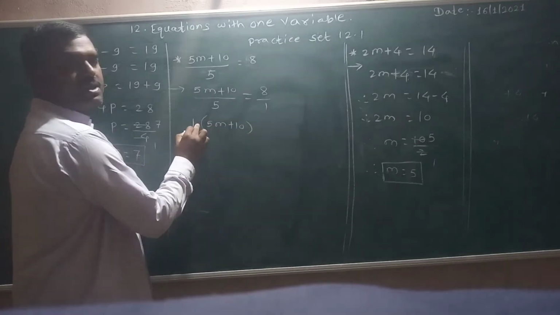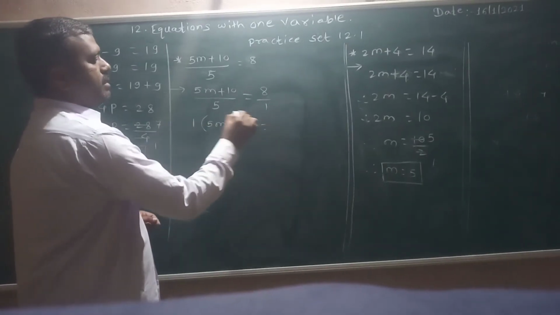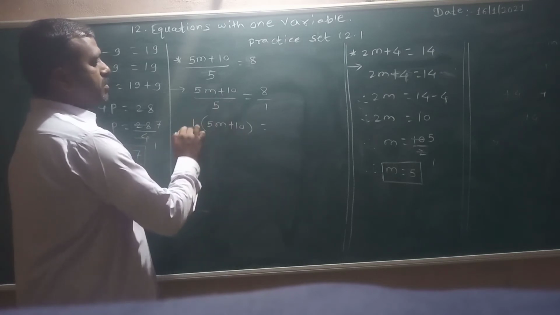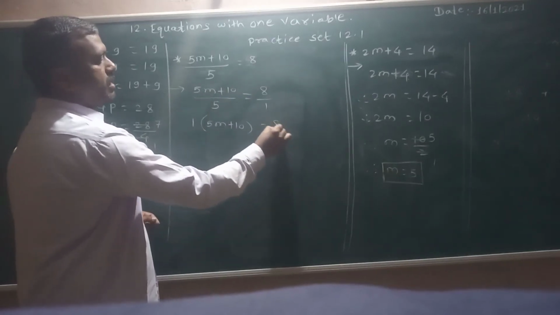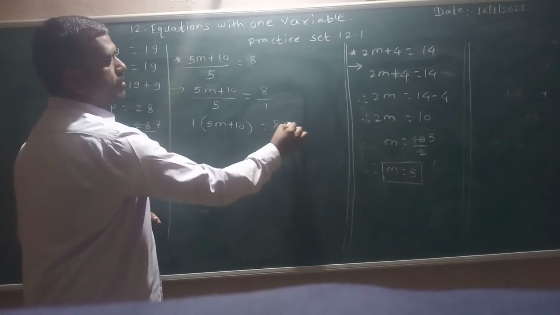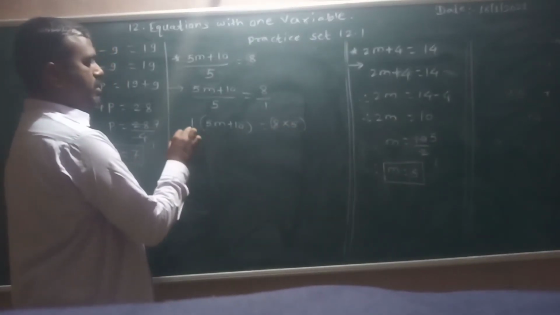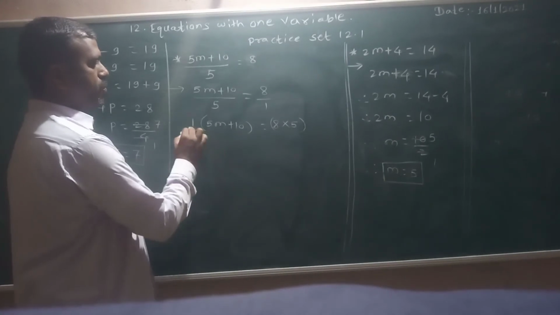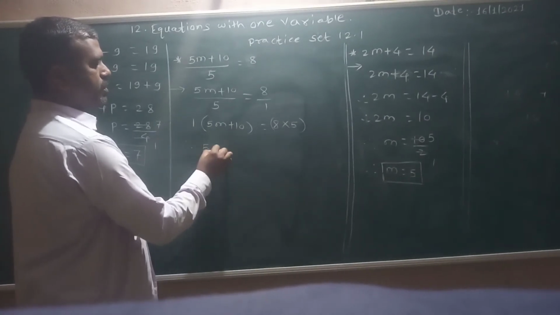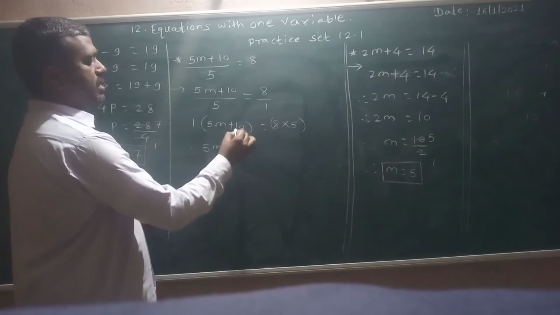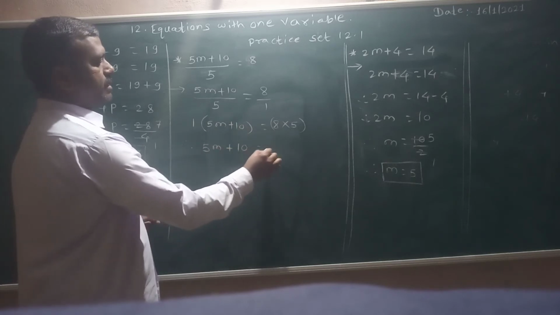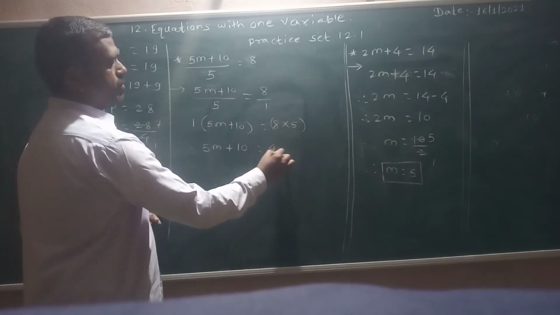And 8 is multiplied by the denominator 5. Therefore, 1 into 5m, 1 5s are 5m plus 1 10s are 10, 8 5s are 40.